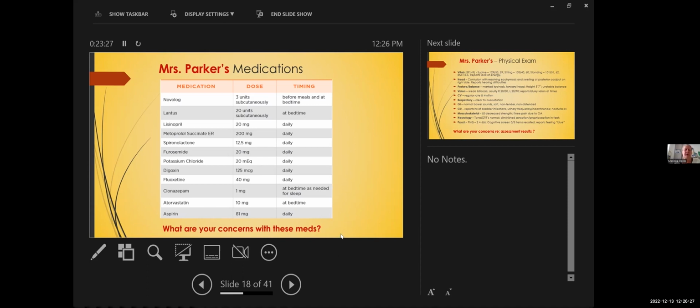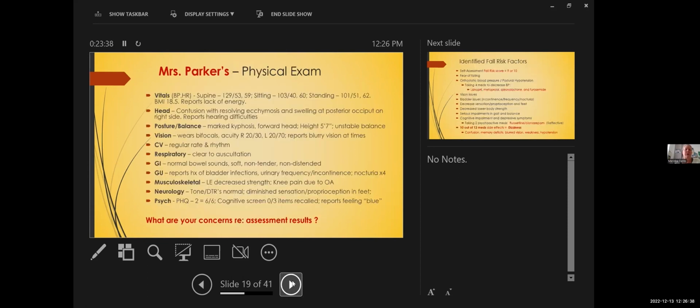So the surprising thing is the more medications we have, the more risk of falls. When you look up the side effects for these medications, you find that 10 of the 12 list dizziness as a side effect. Is dizziness a good thing for Mrs. Parker? Probably not.